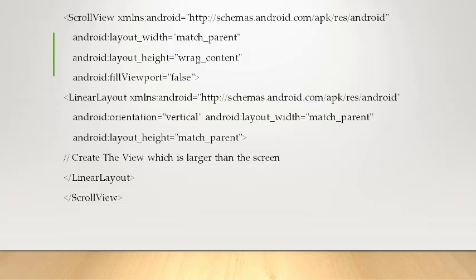Wrap_content means that as controls are added, the scrolling size of the scroll view automatically increases. Within the linear layout, we can create a view which is larger than your screen. Then you will see the vertical and horizontal scroll bars are there for controlling your screen.